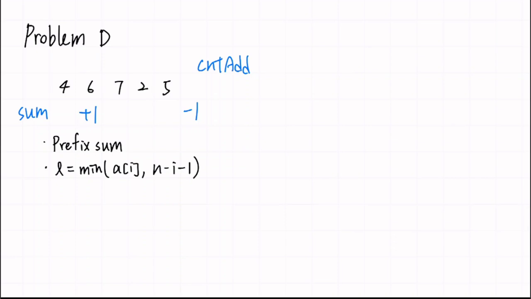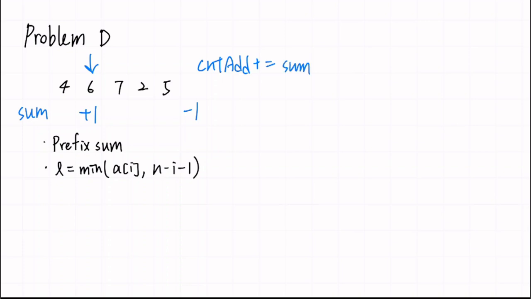So for example, count add is initially 0 when we are at the first alien. This is because the first alien will get no other stones. And when we move to the second alien, we can add the current sum to count add.